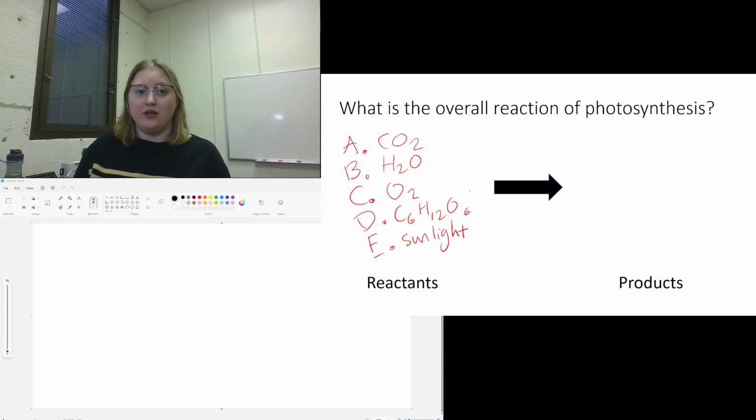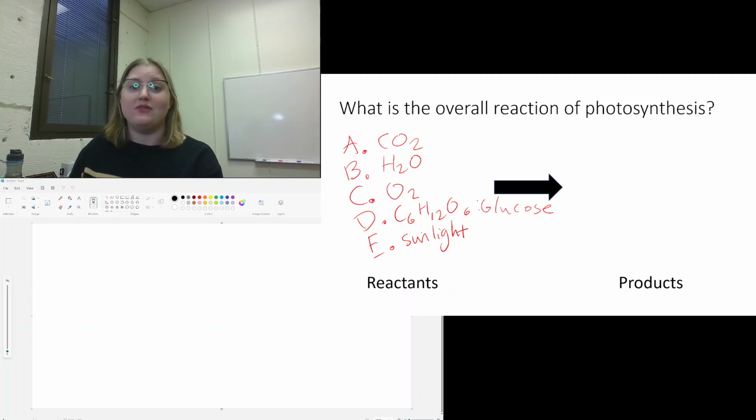And then oxygen. Is oxygen on the reactant side or the product side? This molecule right here, this is glucose. Is glucose on the reactant side or the product side? And lastly, we have sunlight. Now, is sunlight on the reactant side or the product side, or is it somewhere else? So think about that for a second.